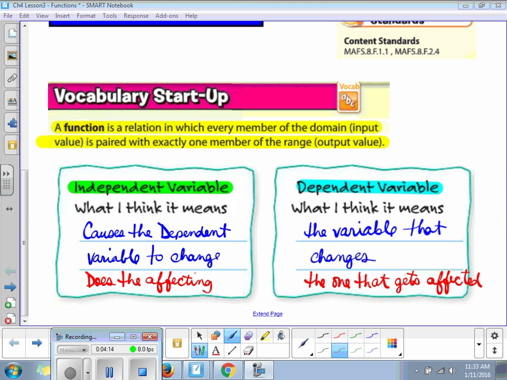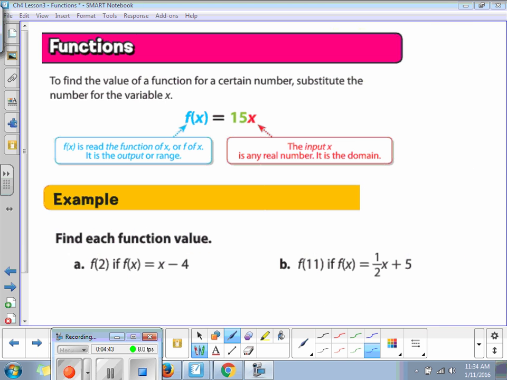The gas in the tank is the dependent. The longer you drive, the more gas you use, so what happens to the amount of gas in the car? It decreases. Does that make sense? All right, very good.